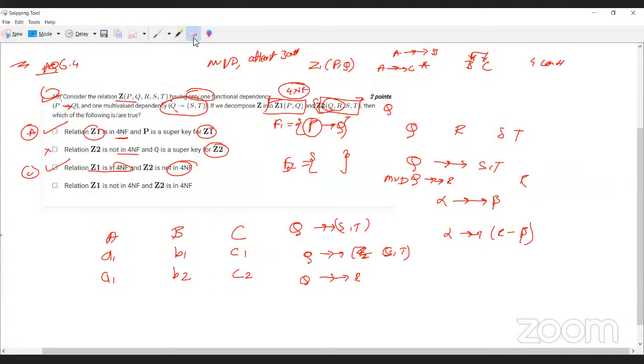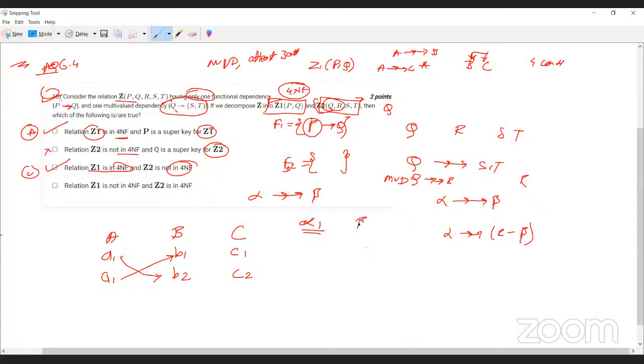Now, whatever has been explained in the lecture: for checking alpha multi-determines beta, if I keep the alpha value same and exchange the beta value, keeping the rest of the attributes same, and you get the same tuples in the relation R, then we can say there is a multi-valued dependency.